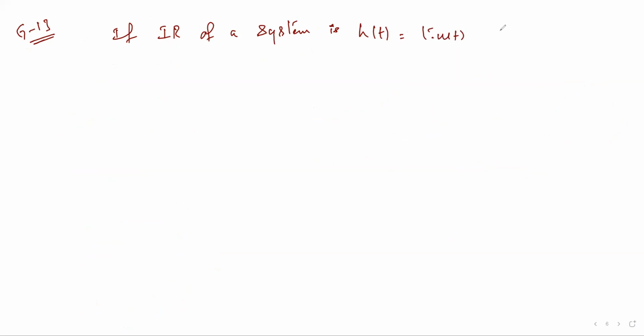For an input u of t minus 1, the output is... Options are given like this.